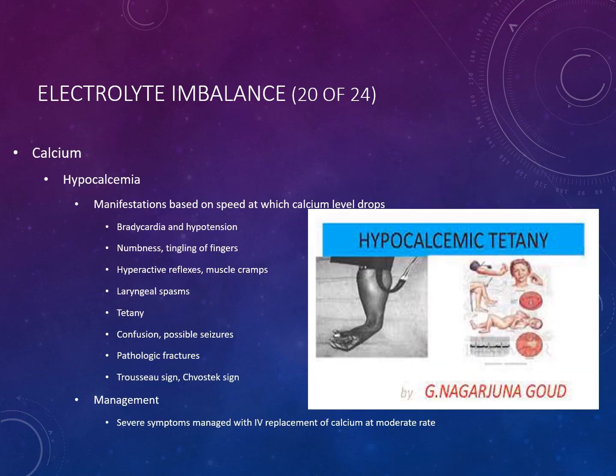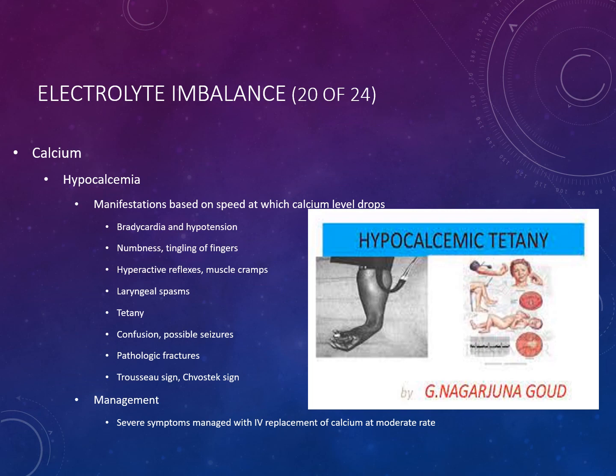And so we're going to still see some of the same things. Oh, this is where my tetany was. I knew I had read it. So in hypocalcemia, let me see if I can find it here. Bradycardia and hypertension occur. Patients experience numbness and tingling of the fingers, hyperactive reflexes, muscle cramps, laryngeal spasms, and tetany, and possible seizures.